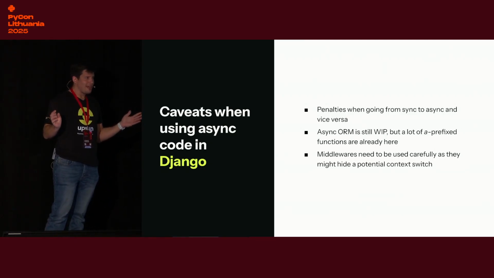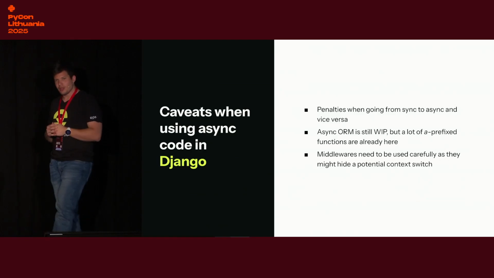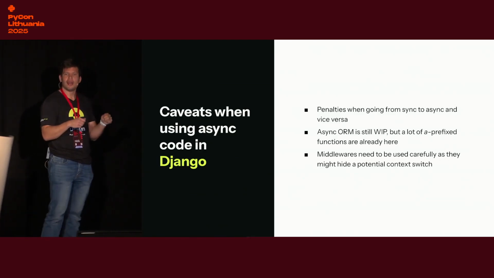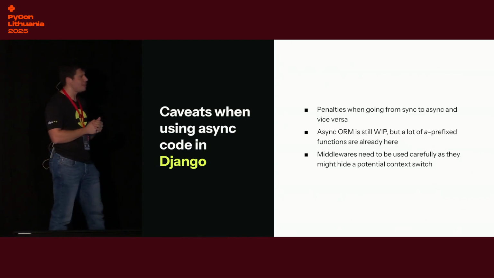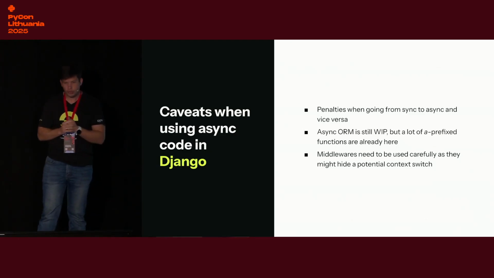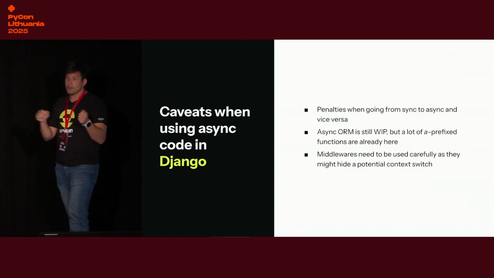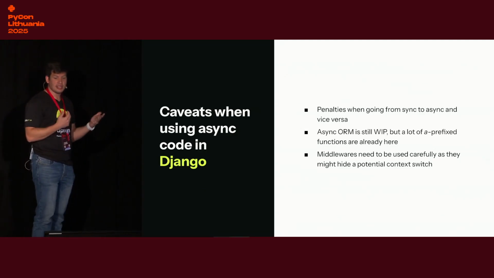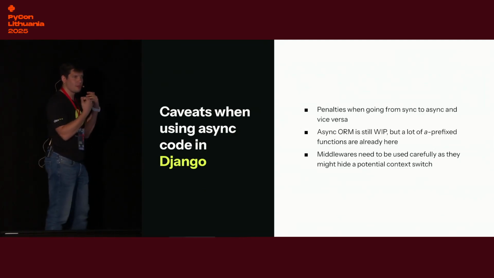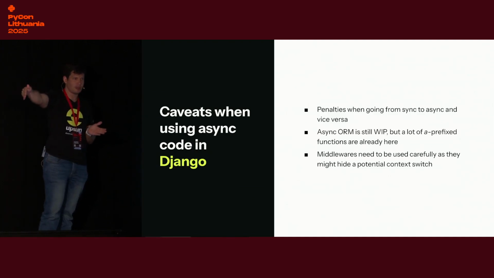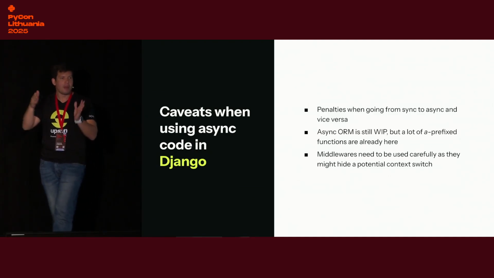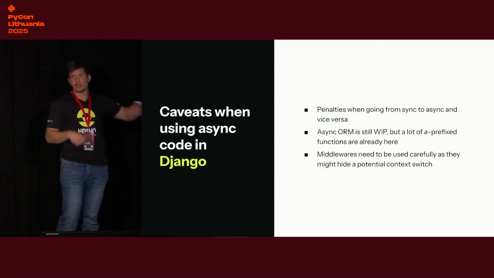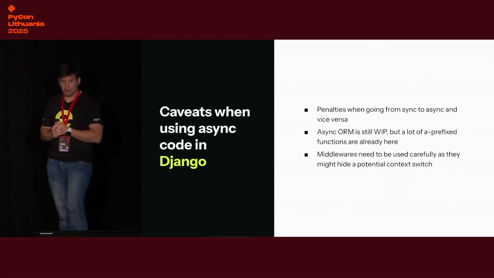As with everything in life, everything comes with caveats, and Django has a few caveats. If you start dipping your feet into asynchronous code, you have to be careful with those. Of course, when you are running both synchronous and asynchronous code in the same request, then you have some penalties. Those penalties might be a lot smaller than the actual time that you wait for a database query, but still you need to keep in mind that switching from synchronous to asynchronous code has some penalties.